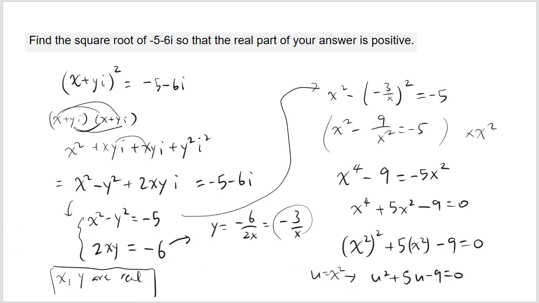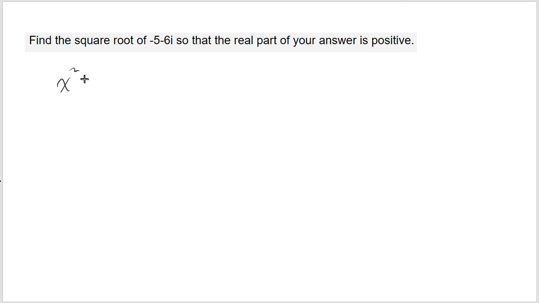So it is a quadratic equation, and the solution would be that x squared equals negative b, negative 5 plus or minus the square root of 5 squared minus 4 times 1 times 9, that's 4ac, all over 2a, and a is 1, so that's what you get.